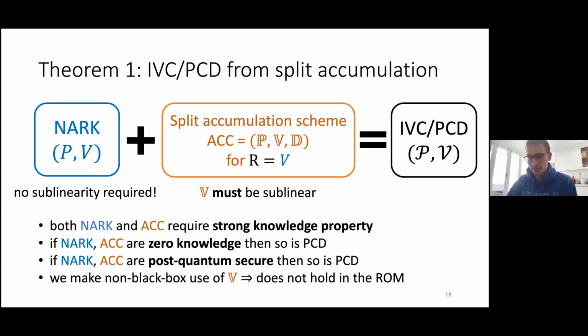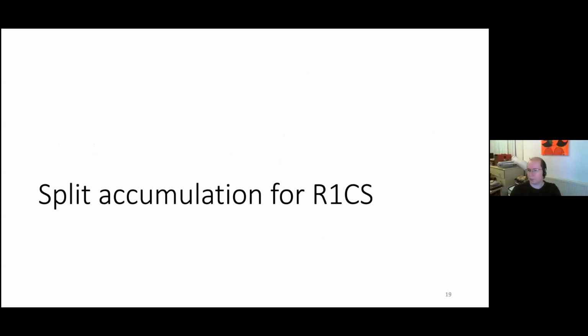Okay. But I want to show you something now. Even if anything before was maybe too theoretical or too on the formal side, then I beg you to now pay attention again, because I'll present a split accumulation scheme for R1CS, and it's going to be extremely simple.